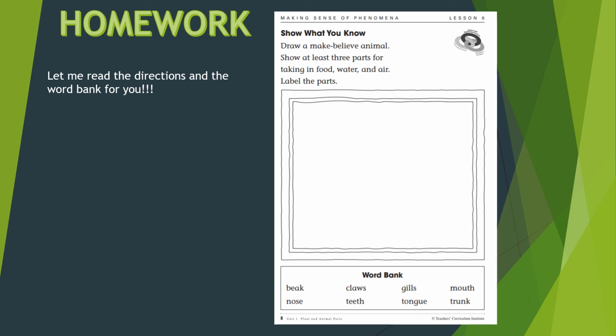So create an animal that uses a body part to take in food, uses a different body part to take in water, and uses a different body part to take in air. Okay? All right, when you're done with that page, you're done with science for today.